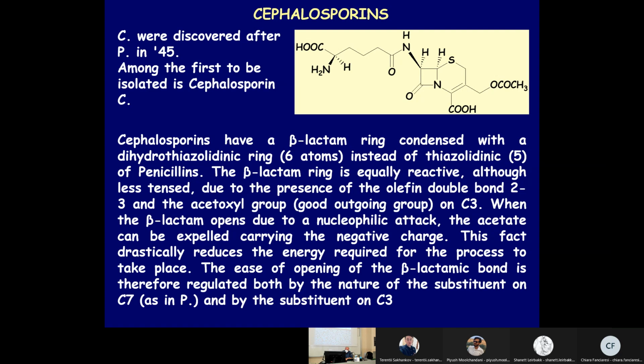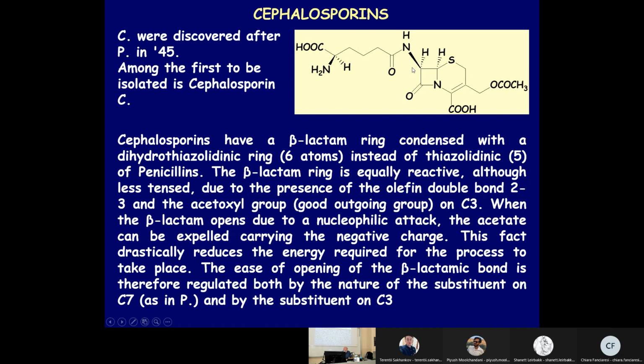Cephalosporins were discovered in 45, and the first cephalosporin isolated is called cephalosporin C. You can see here the chemical structure of these natural compounds.